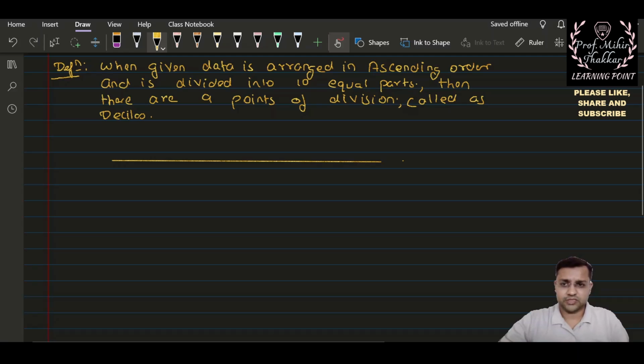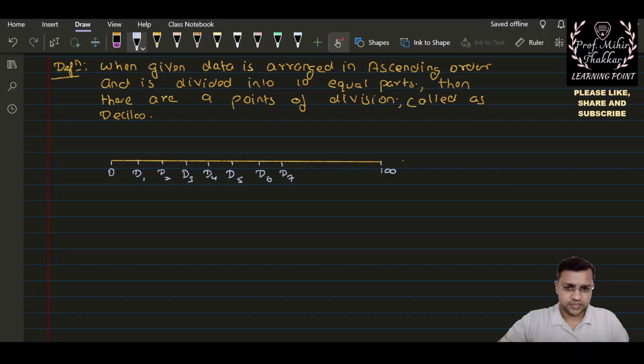Suppose you have a scale, let us say from 0 to 100, D1, D2, D3, D4, D5, D6, D7, D8 and D9.